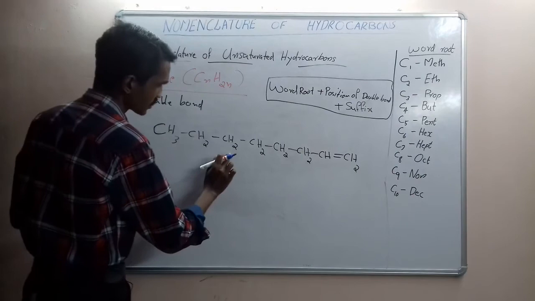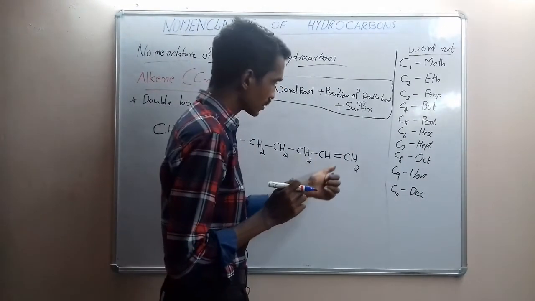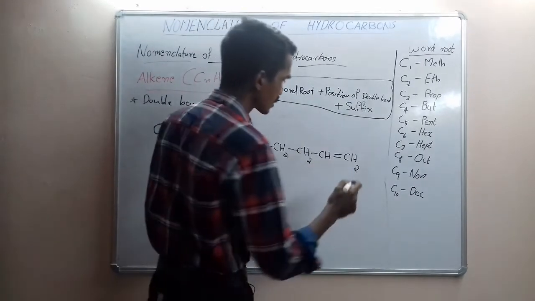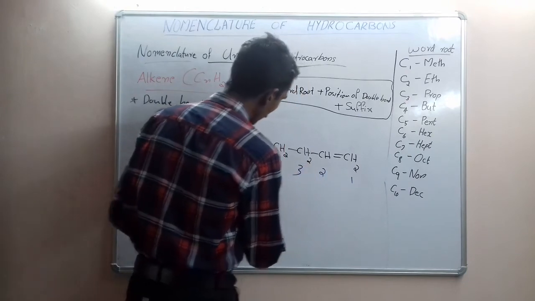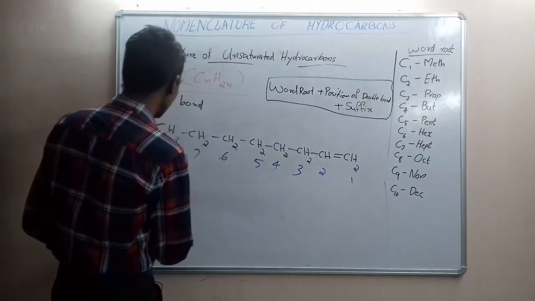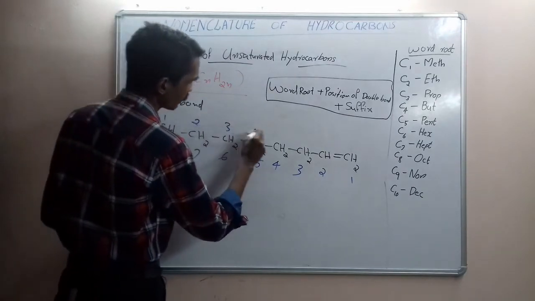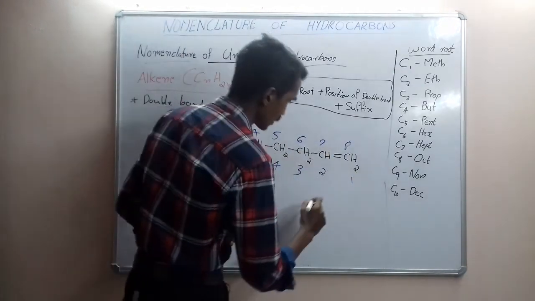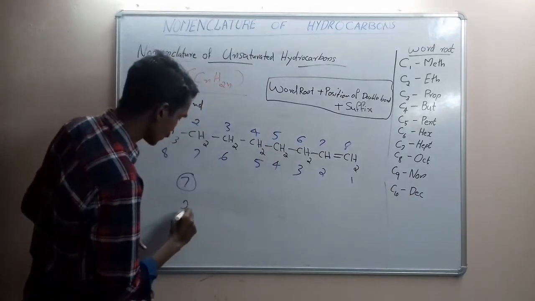We have another example. CH3, CH2, CH2, CH2, CH2, CH2, CH2, and the double bond is present here. Count from here: 1, 2, 3, 4, 5, 6, 7, 8. The double bond is present at 7 from this side and at 2 from the other.